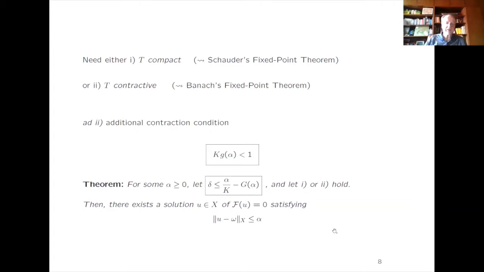The differences between the methods occur when we fill this with life, so to say, when we choose the Hilbert spaces X and Y, and when we describe how to compute these various terms like delta, K, and maybe also little g. There the difference arises between different methods.